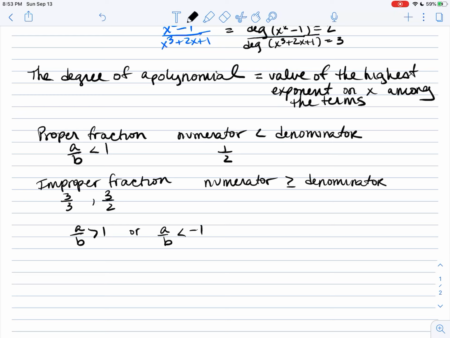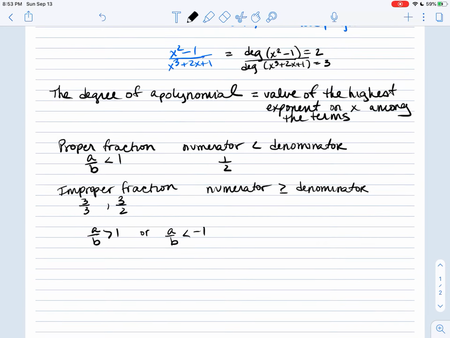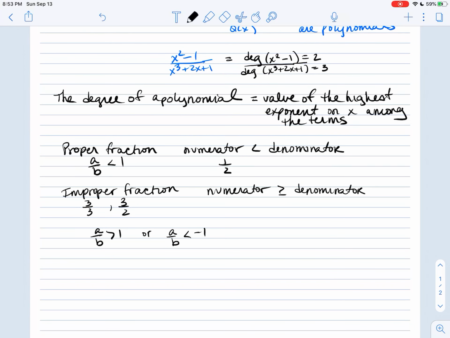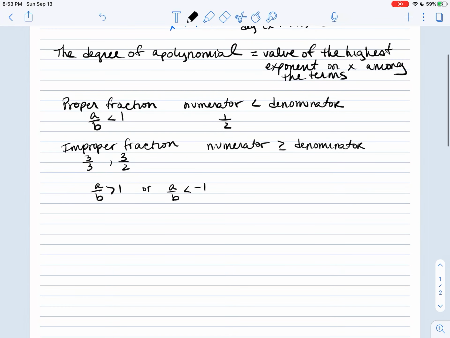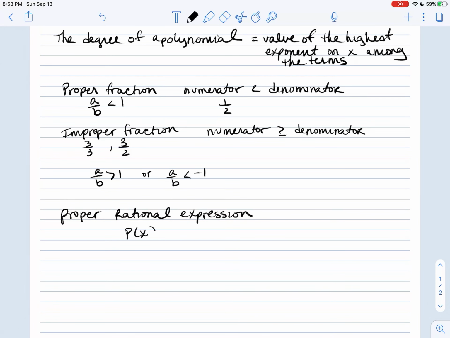All right, so you can apply that same type of idea to what is a proper rational function or rational expression. It is one where p of x over q of x is where the degree of the numerator is strictly less than the degree of the denominator.